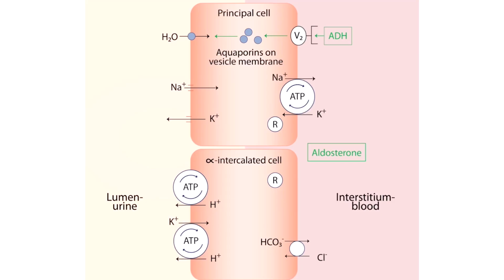Here we see how excess cortisol activates aldosterone receptors in the principal and alpha intercalated cells of the collecting tubule, contributing to hypokalemia and metabolic alkalosis. Aldosterone receptor is depicted by the letter R in the white circle. When activated by aldosterone or cortisol, these receptors stimulate sodium reabsorption and potassium secretion by principal cells and the hydrogen ion secretion by the alpha intercalated cells.